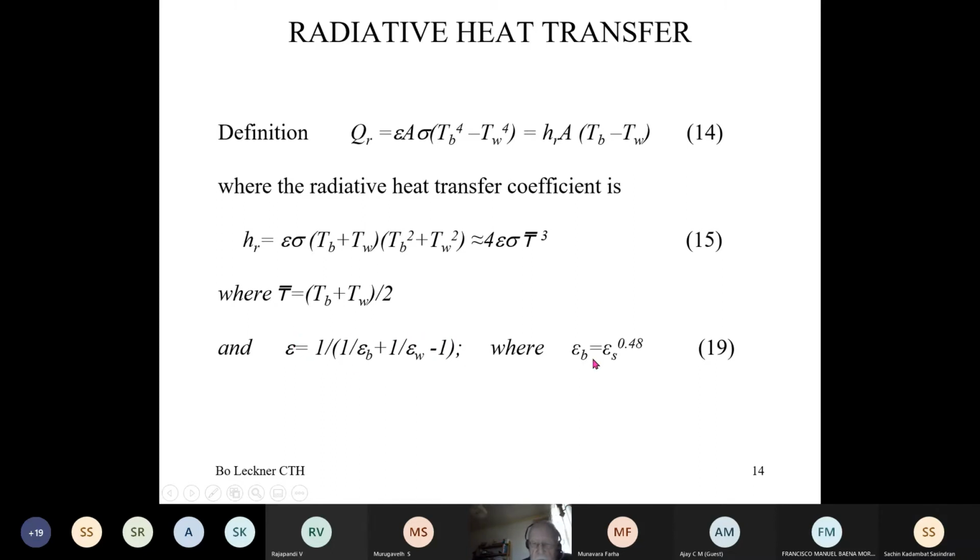What is not found in any book is the bed emissivity, because the bed consists of particles and they have a particular particle emissivity. But because of the interaction between the particles, the bed emissivity is different from the particle emissivity in this way. Because of the scattering and reflection between the particles, it becomes like this. I will come back to this formula and alternative formulas later.